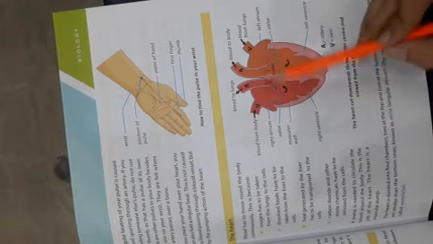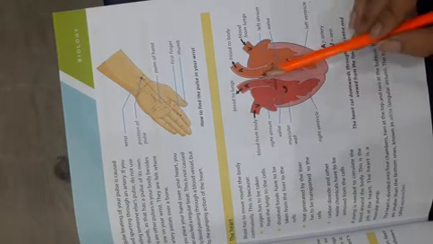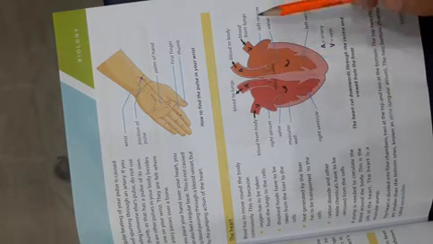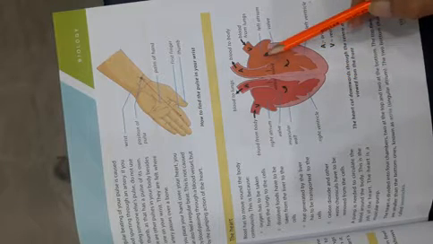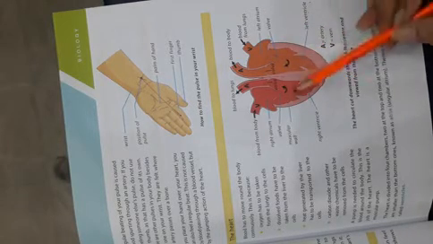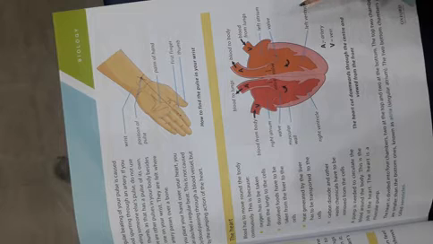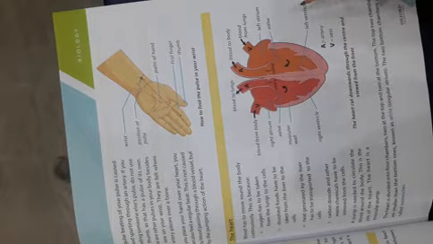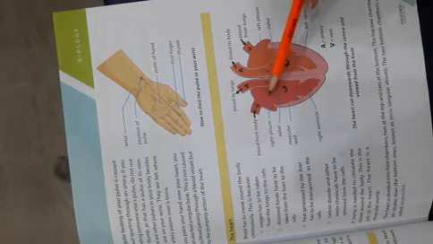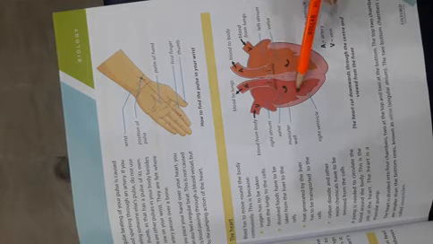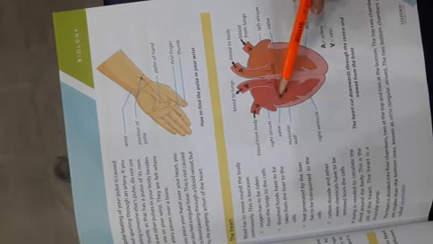The both atriums together are known as atria, and a single one is an atrium, and these two bottom chambers are the right and left ventricles, but these atrium and ventricle are connected with valves.